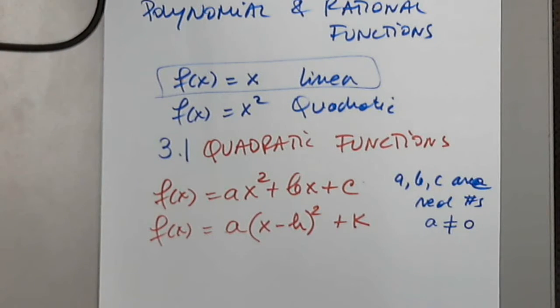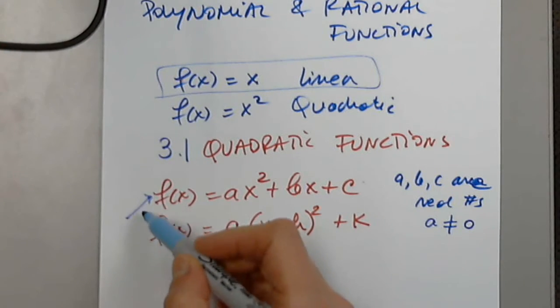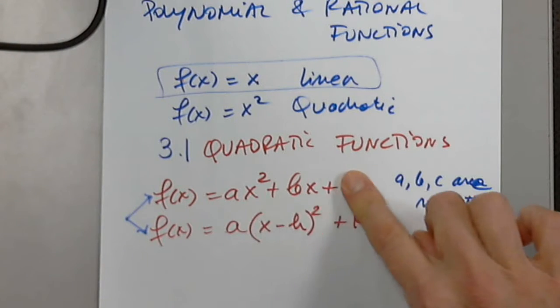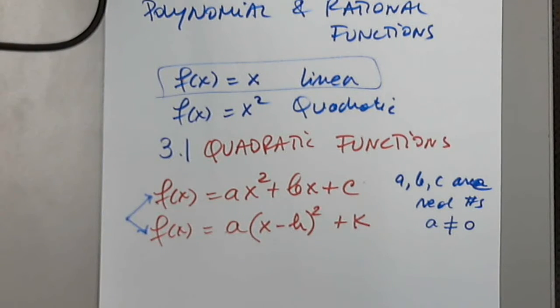Correct. Very good. Now, can anyone tell us what is the difference between this form and this form? Look at them carefully. We just talked about this idea 5 minutes ago. What is the difference between these two? Between this form and this form. We just talked about this procedure 5 minutes ago.